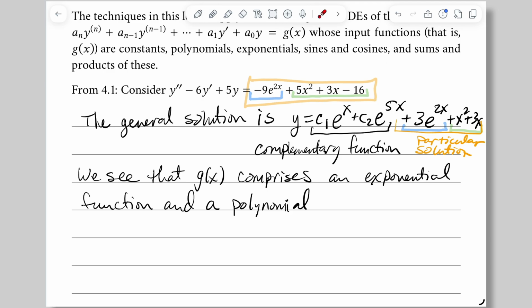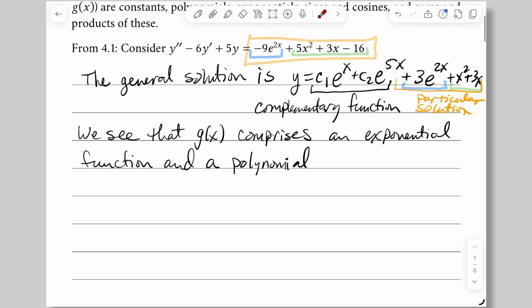Because of something called the superposition principle for non-homogeneous differential equations, we do actually get to consider forming the particular solution individually based on what we're seeing in the forcing function.